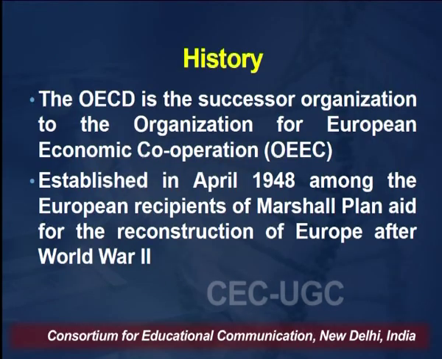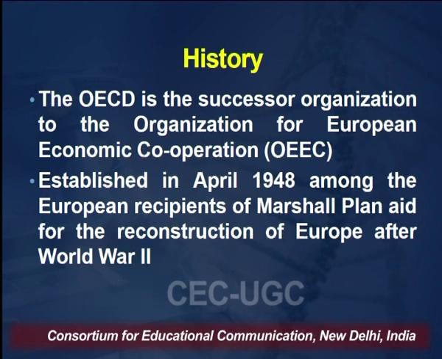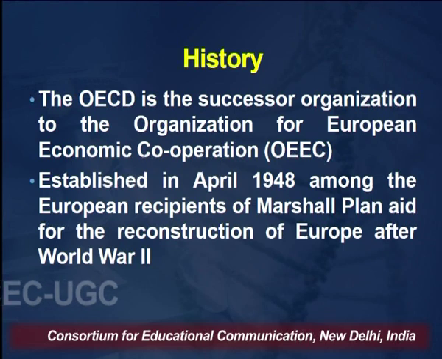The OECD is the successor organization to the Organization for European Economic Cooperation, established in April 1948 among the European recipients of Marshall Plan aid for the reconstruction of Europe after World War II.